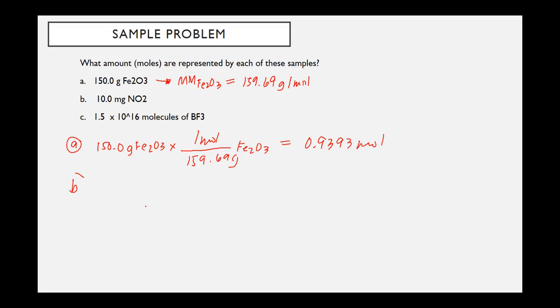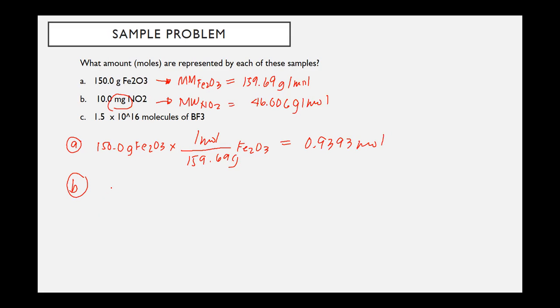For letter B, the same way, since we are given mass, but in milligrams. So, ang gagawin natin dito, identify first the molecular weight of NO2. So, molecular weight ng NO2 ay 46.006 grams per mole.